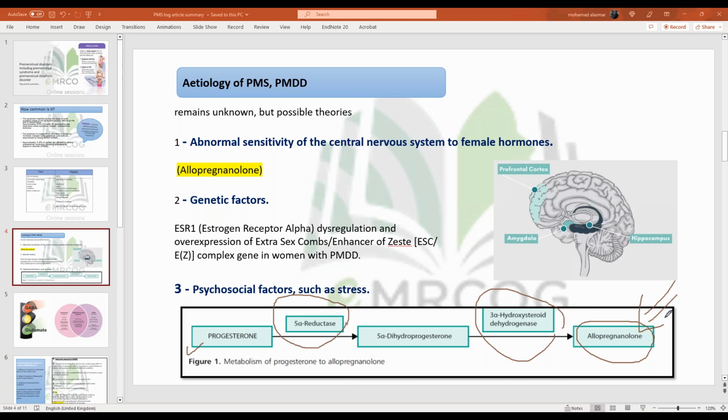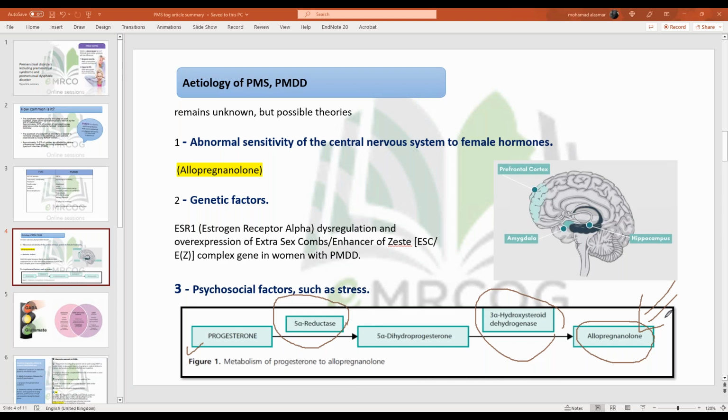The genetic tendency comes from some genes like ESR1, which is estrogen receptor alpha dysregulation, and overexpression of another gene called enhancer of zeste, a complex of genes also found in these women. So there is a genetic problem, and there is abnormal sensitivity to allopregnanolone.